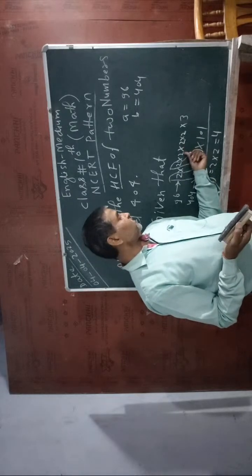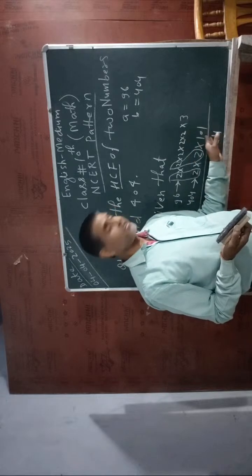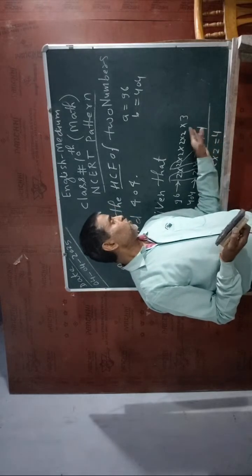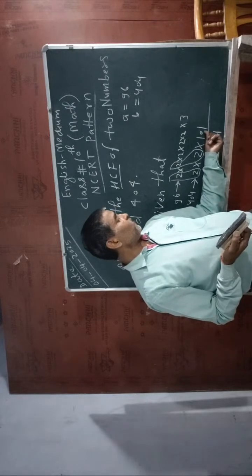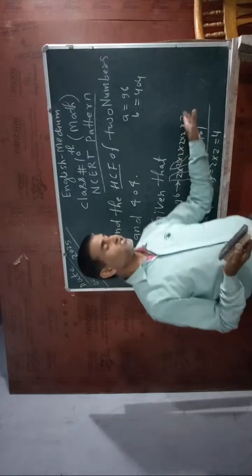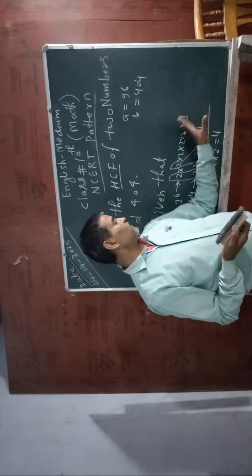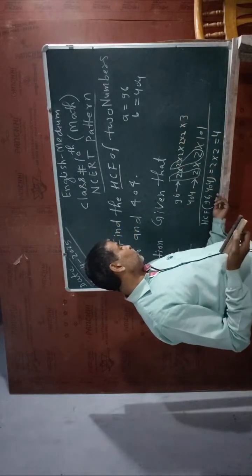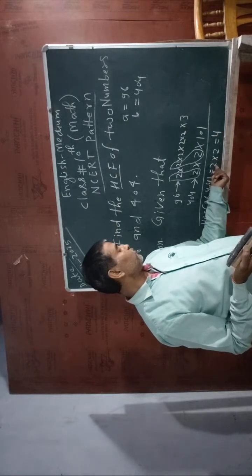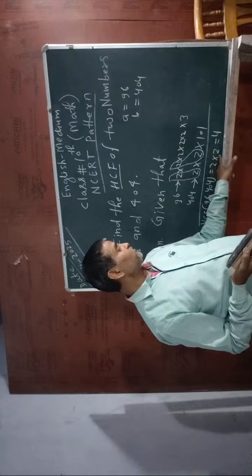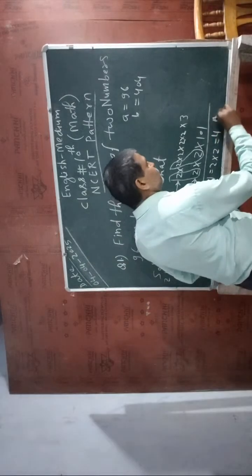And this concept you will apply here also, because these terms are not available in the second term, so you will exclude them. Also 101 is available in the second term, and that is not available in the first term, so 101 is also excluded. After excluding, you get 2 into 2. You have to write it in exponent form, so you will get 2 to the power 2. So this is the final answer of the given question.